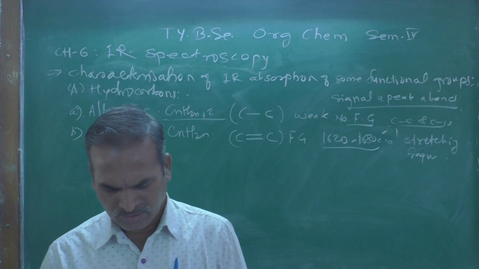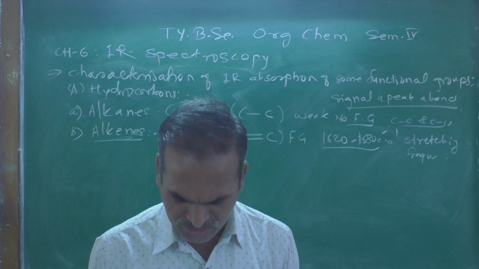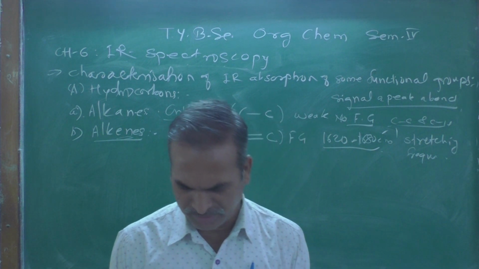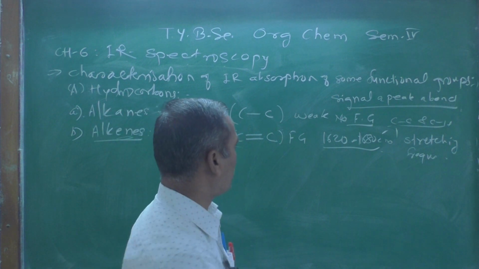The carbon-carbon double bond stretching frequency of an unconjugated olefin is absorbed near 1614 per centimeter.